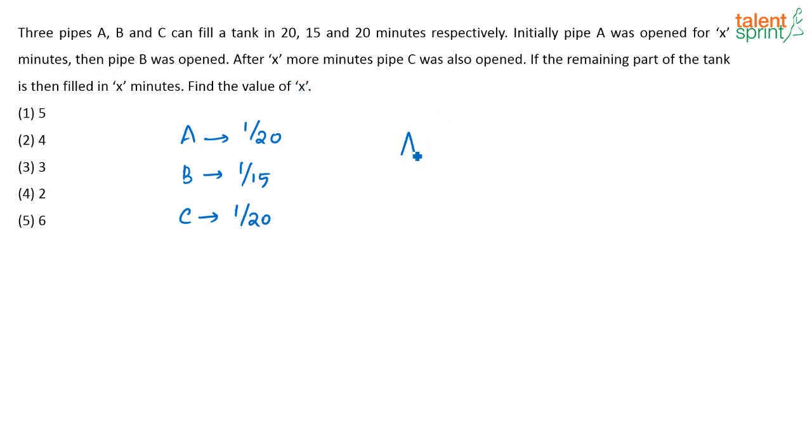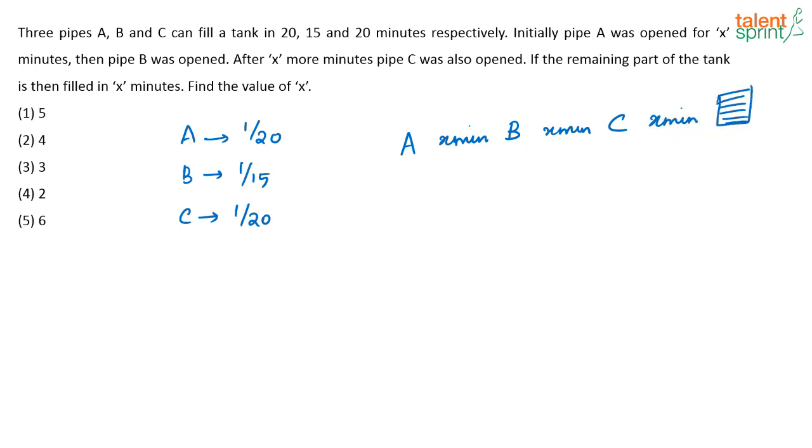So first pipe A is opened, then after X minutes pipe B is also opened. After another X minutes, pipe C was opened. If the remaining part of the tank is then filled in X minutes, so in the next X minutes the tank is full.